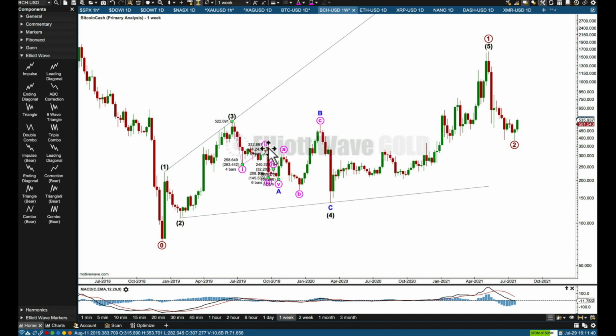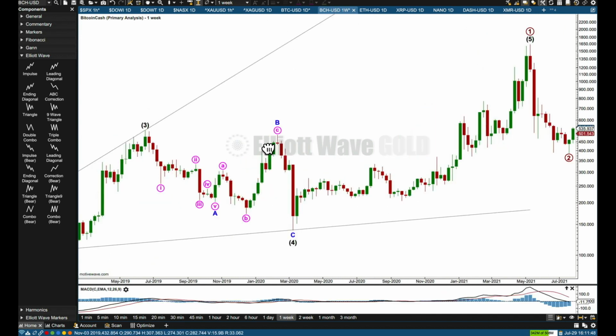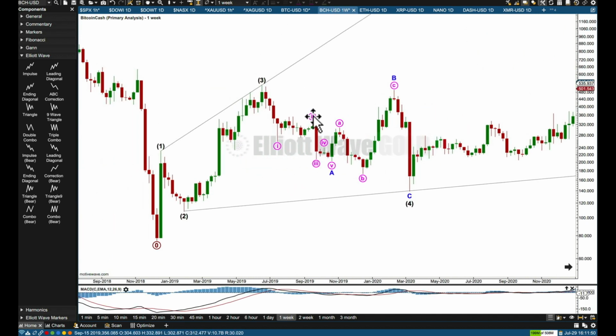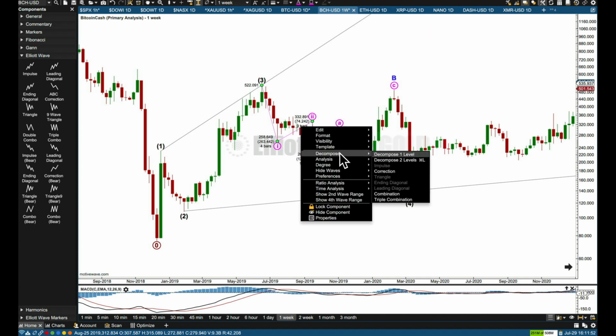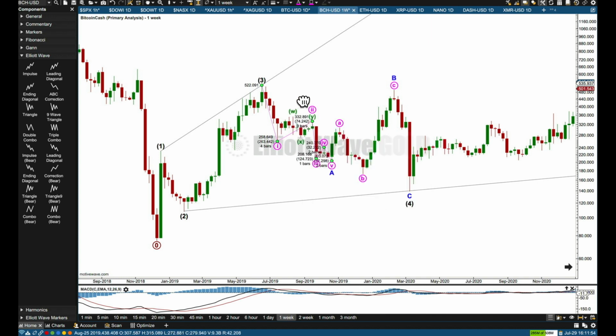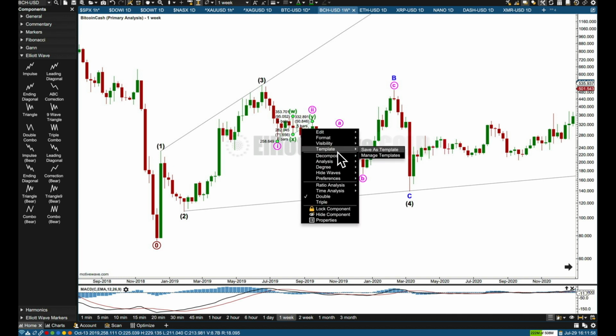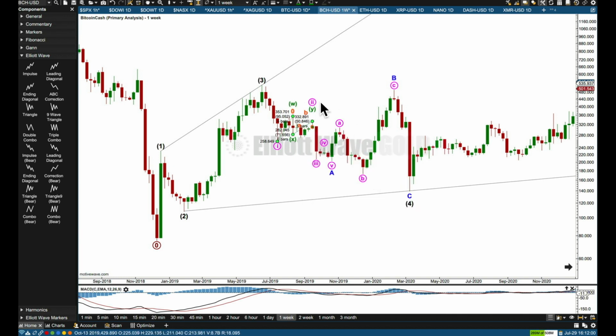What if we have this 2 with some kind of combination? Oh yeah, okay, zigzag, X, flat. Yeah, that works. I'll just put some labels in there so you can see what I'm seeing. W is a zigzag, X, and then Y is a flat, and the whole thing essentially is mostly sideways.